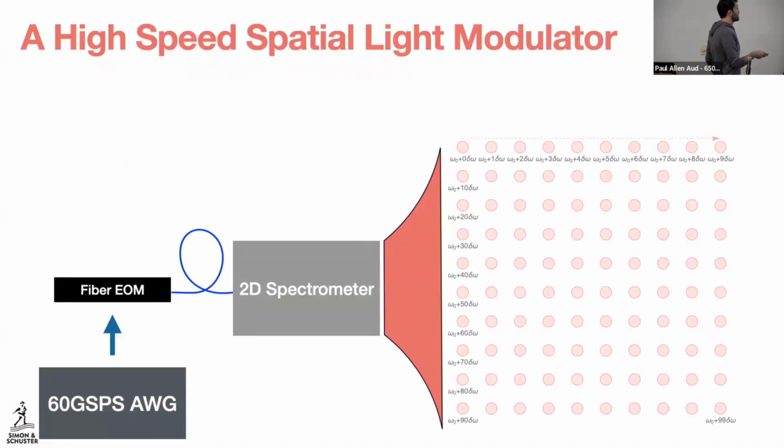So how should you think about this object? Well, we're going to have a 2D spectrometer that you send in light of some frequency or some set of frequencies. And what it'll do is take light that comes in at some frequency omega 0 and put it here. Omega 0 plus delta omega goes here, plus 2 delta omega, and so forth, up to n delta omega.